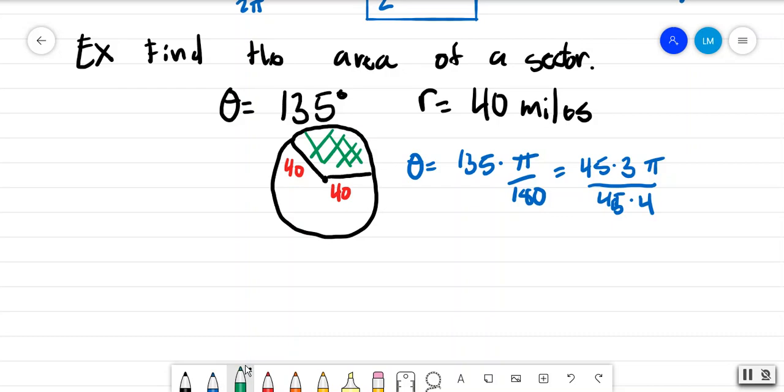We get rid of the 45s and you're left with the measurement in radians being 3 pi over 4.